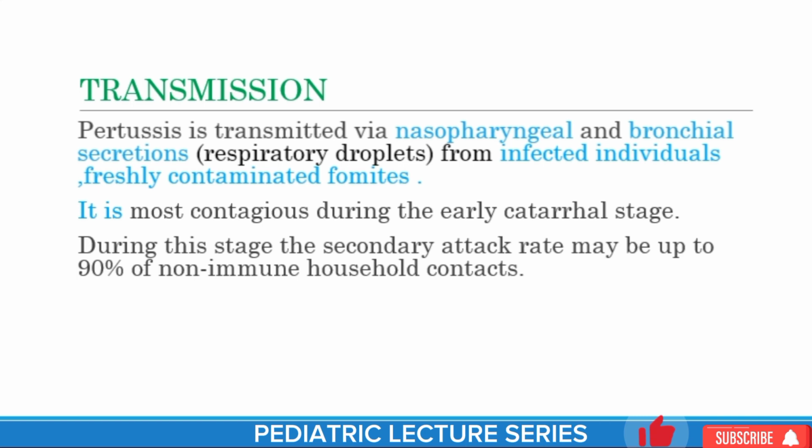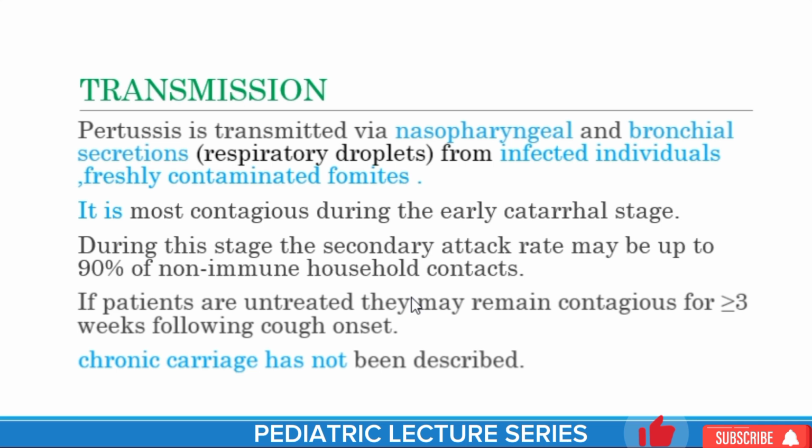During this contagious stage, the secondary attack rate may be up to 90% among non-immune household contacts. If patients are untreated, they may remain contagious for up to 3 weeks following the onset of cough. So they will remain contagious from the onset of the cough up to around 3 weeks.